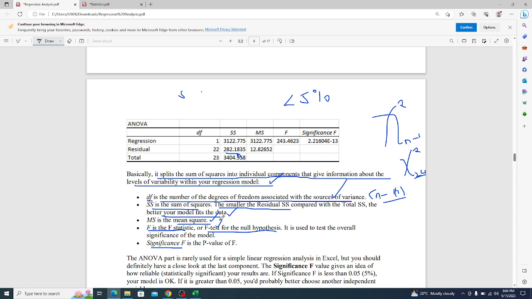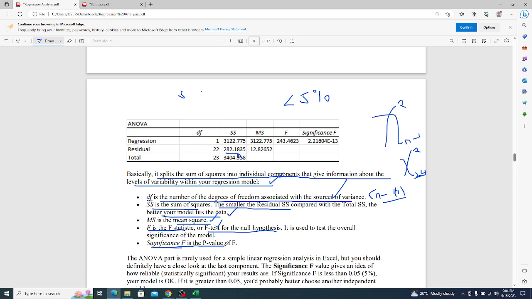Maybe you can go and check something on the same. It is an advanced level, but knowledge is power. You can check something about the F distribution and student T distribution.